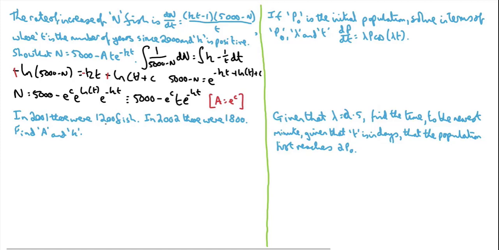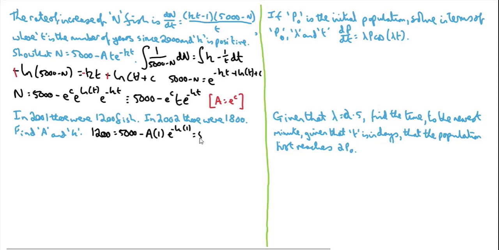So we can now plug these values of n with a value of t that we can derive, because remember t is the number of years since 2000. So here, when the population was 1,200, that'll equal 5,000 minus a that we don't know, but 2001 is 1 year after 2000, so t is 1, and then e to the minus k 1.